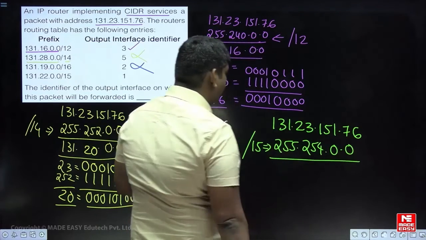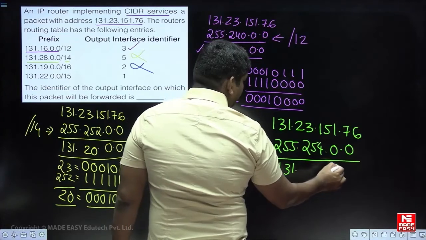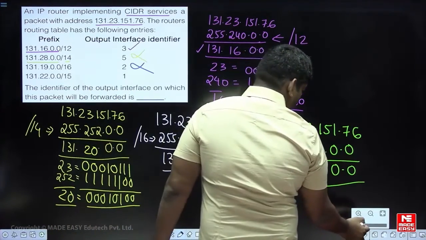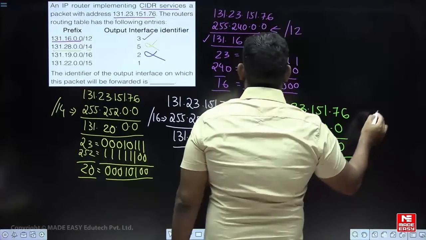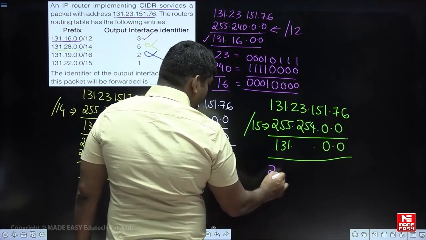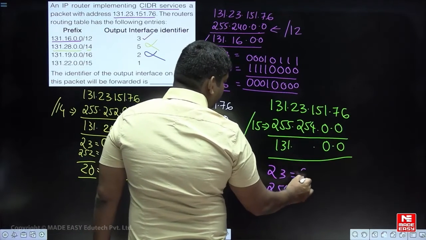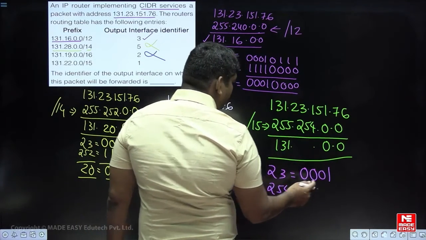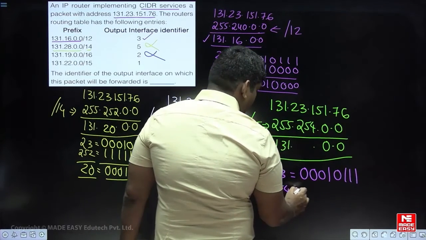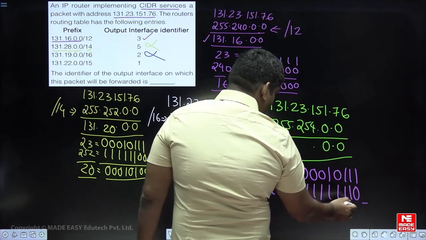Between these two, if I perform bitwise AND, the value is 131 and 0.0. And what about this particular value? This is 23 and 254. This 23 I can write as 0 0 0 1 0 1 1 1, and 254 as 7 ones and 0.